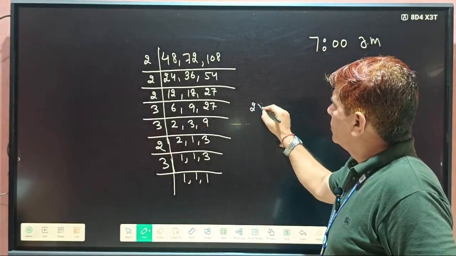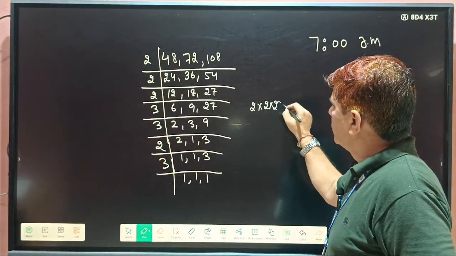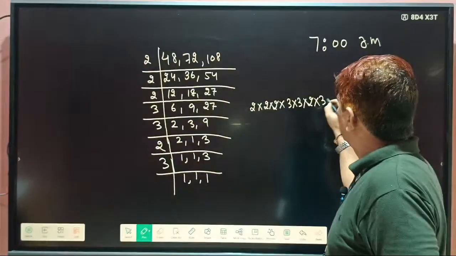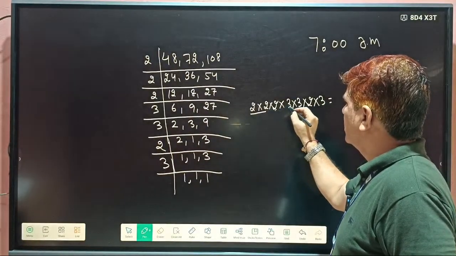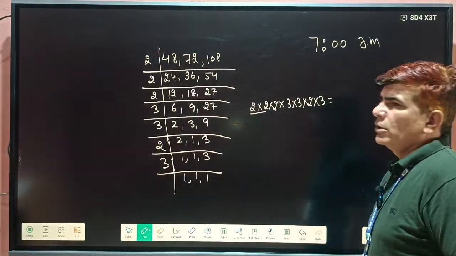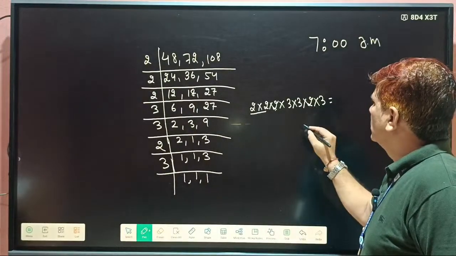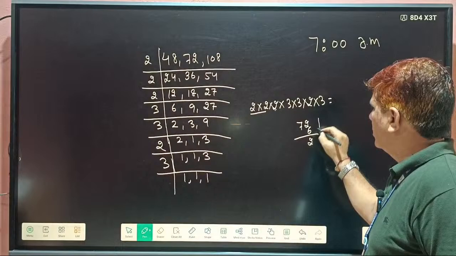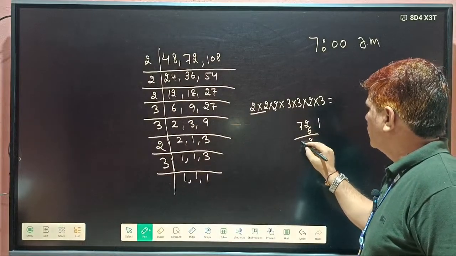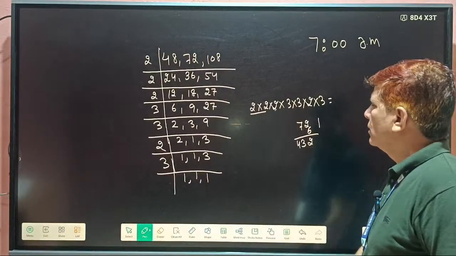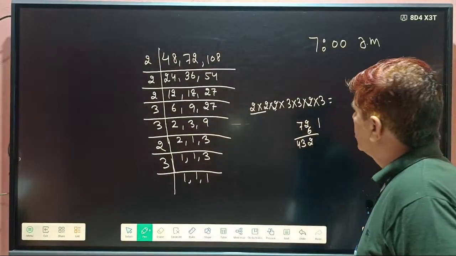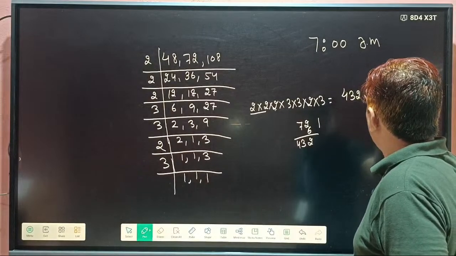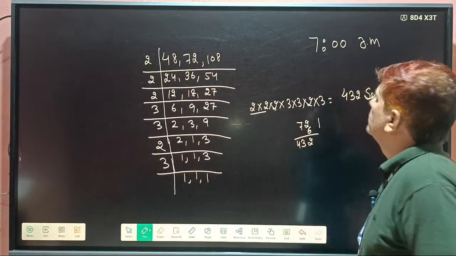So 2 into 2 into 2 into 3 into 3 into 2 into 3. 2 2s are 4, 4 2s are 8, 8 3s are 24, 24 3s are 72, and 72 6s are 432. So after 432 seconds.